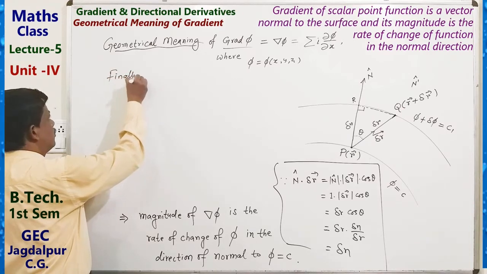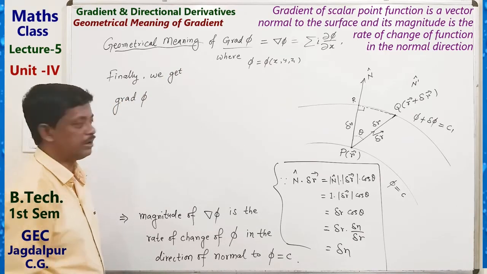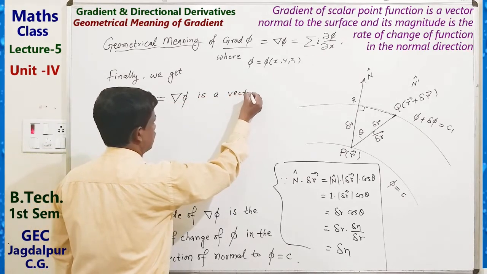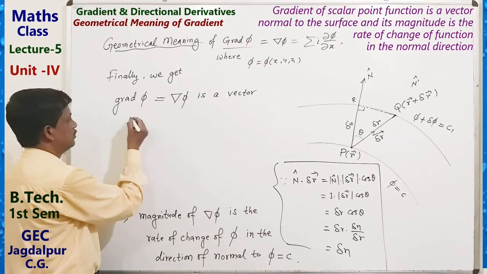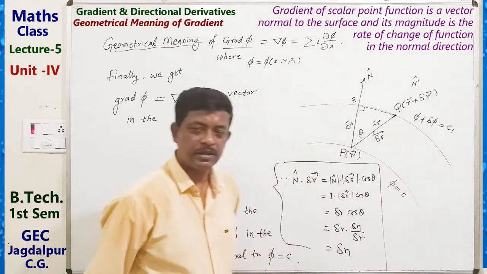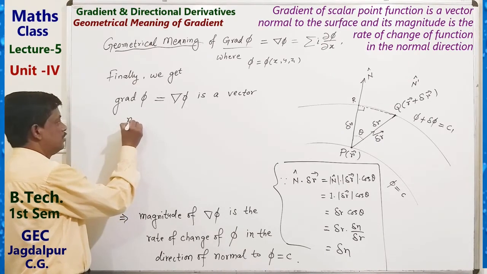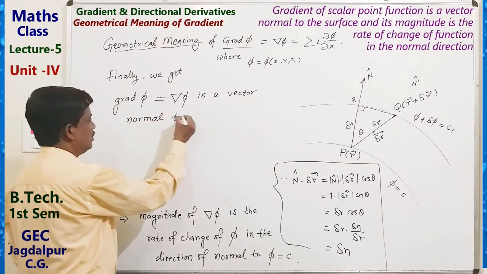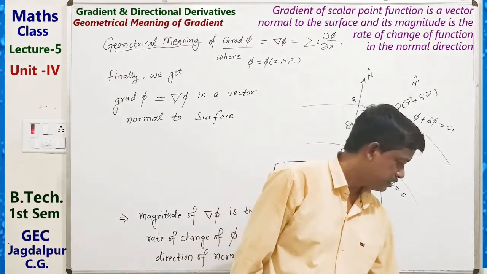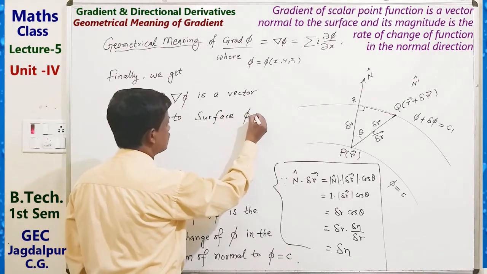Finally, we get gradient phi, that is del phi, is a vector normal to the surface phi equals to c.